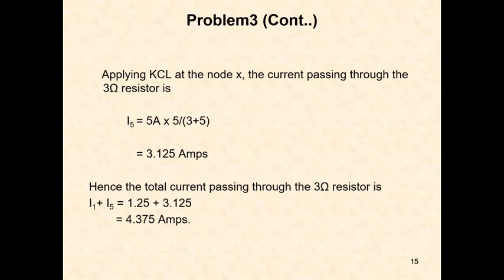In this example, the current source cannot be transformed into a voltage source and the voltage source cannot be transformed into a current source. In this case, we have to work with these two sources only, by open circuiting the current source in one case and short circuiting the voltage source in the other. Then the two currents have to be added, and this is equal to 4.375 amps.